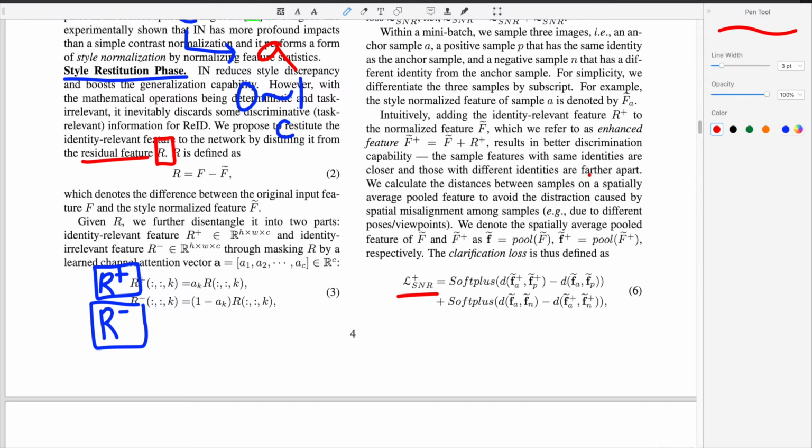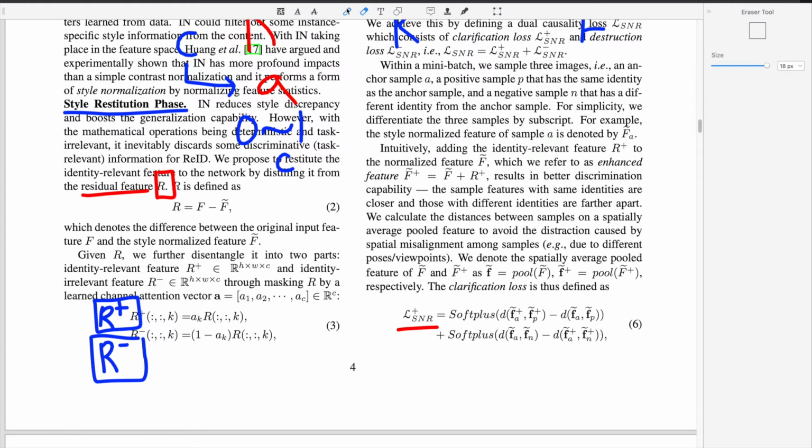Since we want the features obtained from F squiggly plus among the same identity to be closer and the ones in different identities to be further away, what this paper does is, within the same mini batch, they sample 3 images. First, an anchor sample A and a positive sample P, and these 2 images are from the same identity.